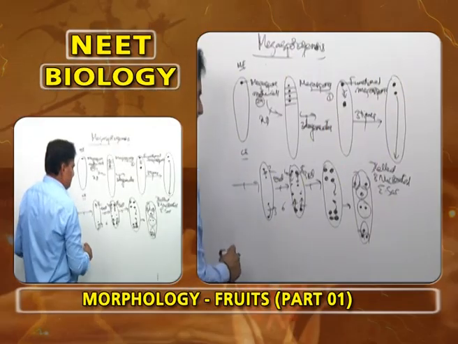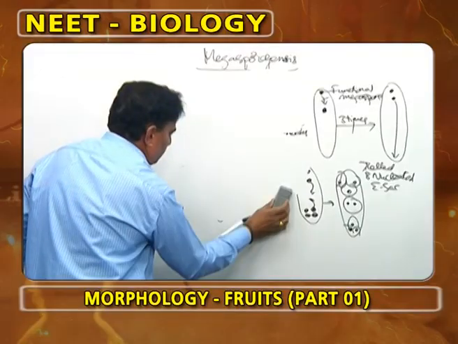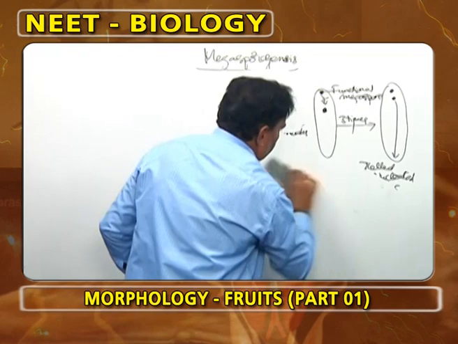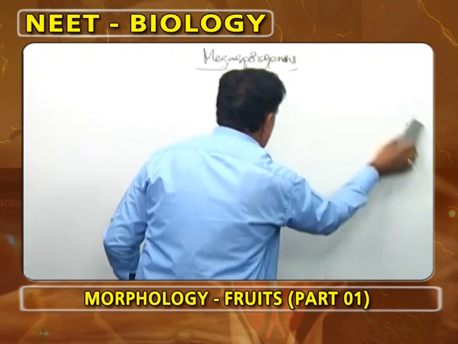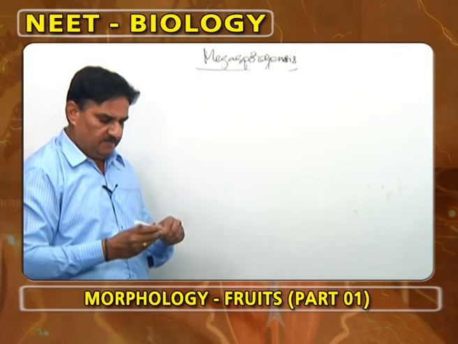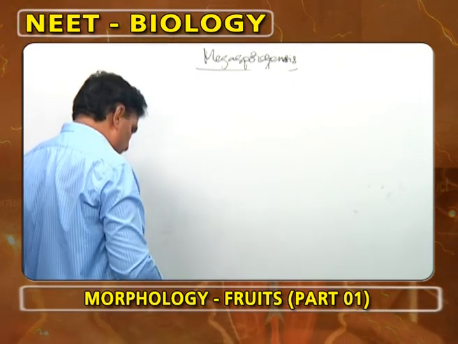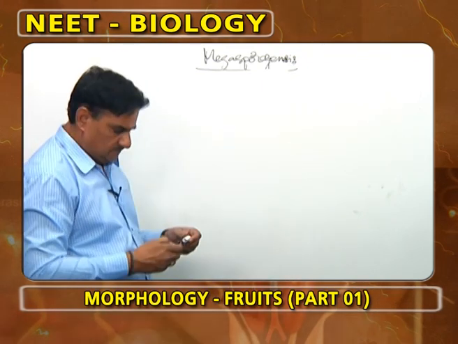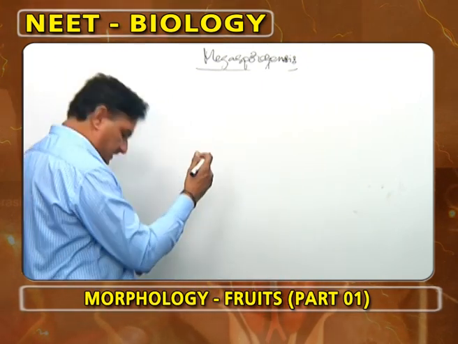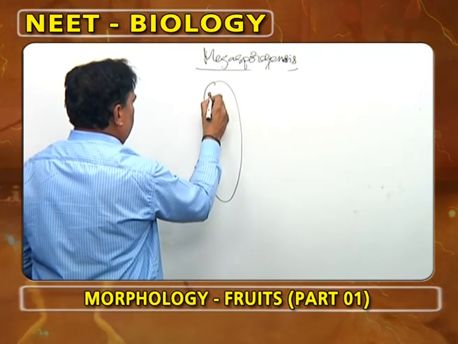In this 7-celled, 8-nucleated embryo sac, the upper 3 cells are called the egg apparatus, with 2 synergids and 1 egg cell. The central 2 are called polar nuclei. The lower 3 are called antipodals. So, if you take this structure, it appears like this.